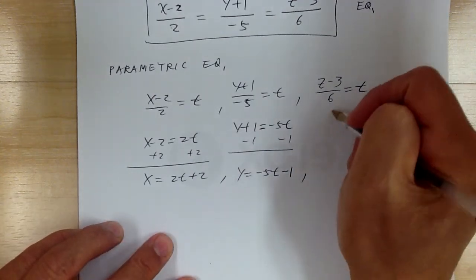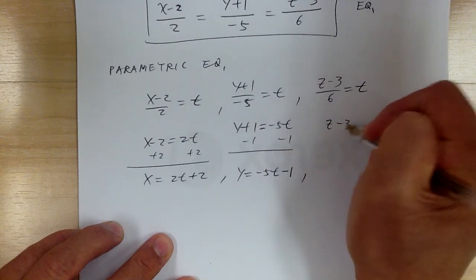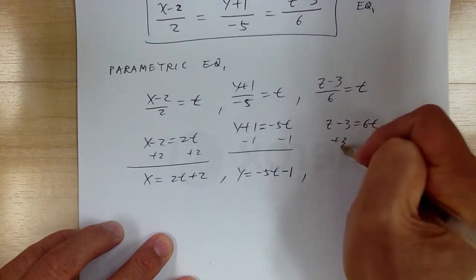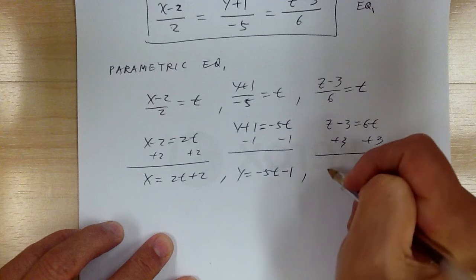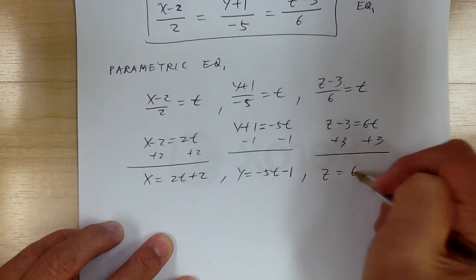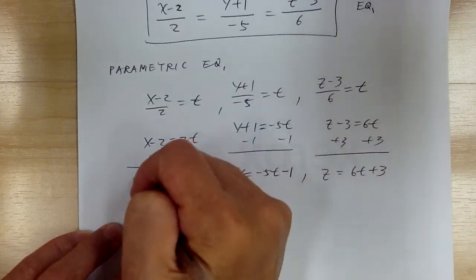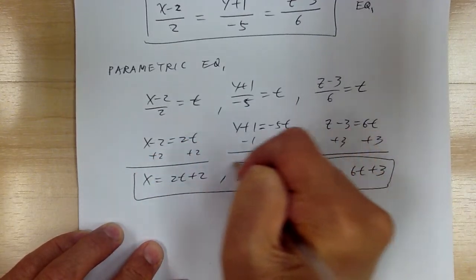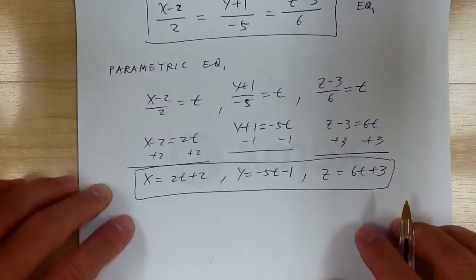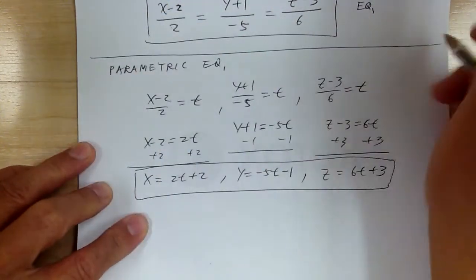And for z, you get z minus 3 equal to 6t, plus 3, so you get z equal to 6t plus 3. And so these are your parametric equations.